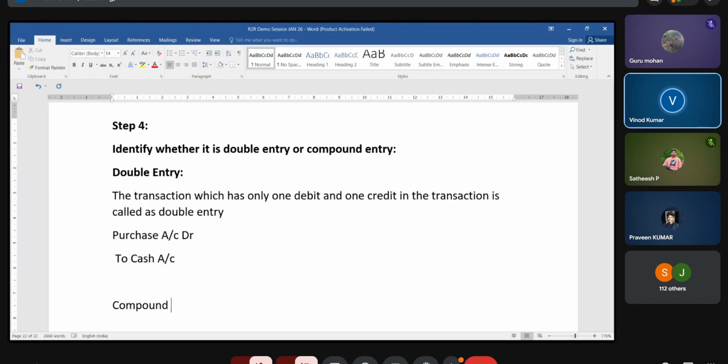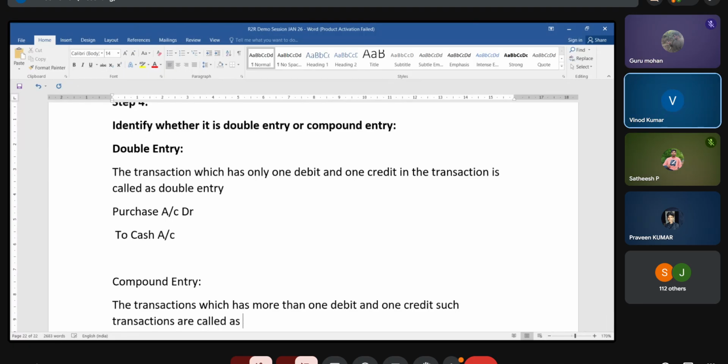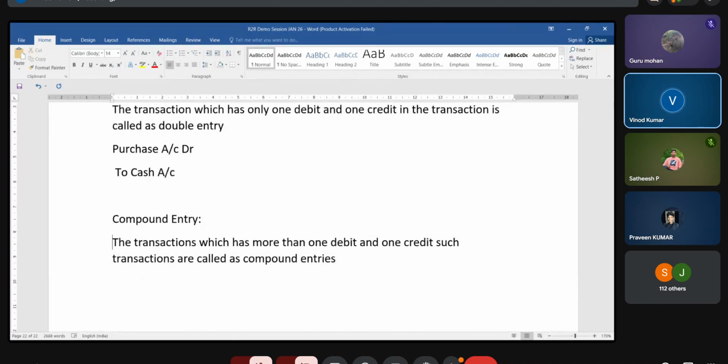Compound entry is nothing but a transaction which has more than one debit or more than one credit. Such transactions are called compound entries.